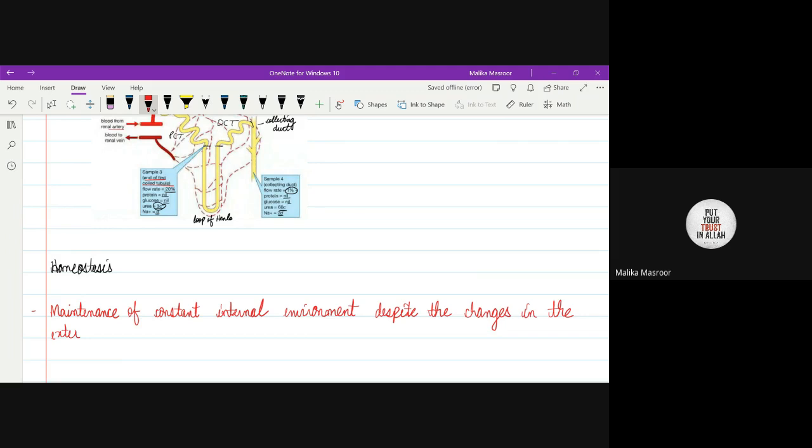Even if it's negative 10 degrees Celsius, your body temperature will stay within narrow limits.